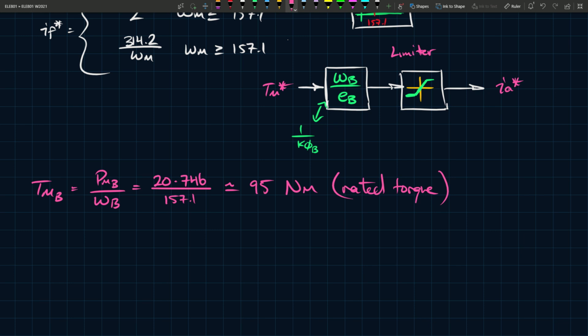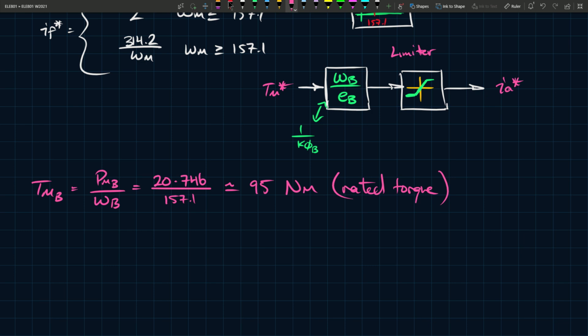The reason I'm emphasizing this is because we come across a number of different torques, and we have to be able to distinguish between what they mean. Here we have a reference, here we have a rated, and next we'll have an actual, and the three might not be the same. In most cases they're not the same because they mean different things.